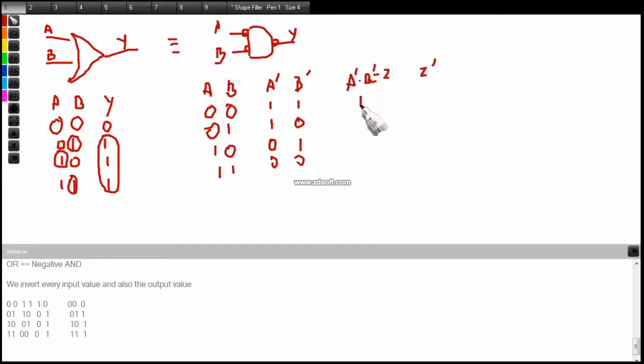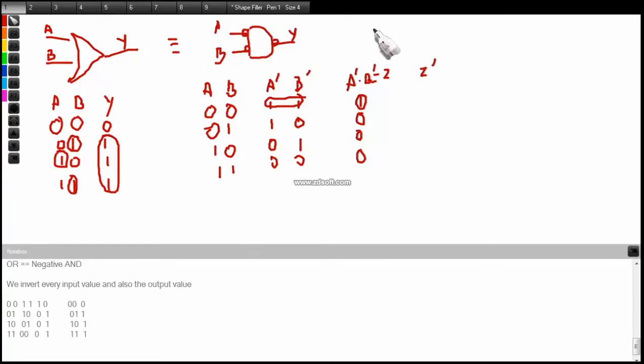Here we will get 1, here we are getting 0, here 0 and here 0, right? What does AND gate say? AND gate says that when both our inputs are high, then only it will give a high output. So this is what we have obtained, the truth table for AND gate.